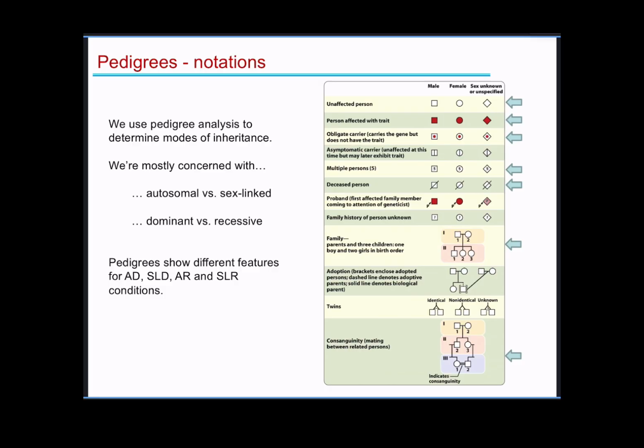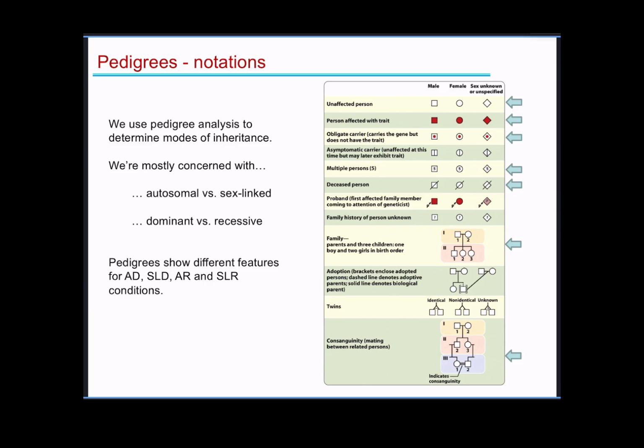Empty shapes mean that that is an unaffected person. Filled shapes, it means that the person is presenting a condition or disease. A shape with a dot inside means that those persons are carriers of recessive alleles for a condition that is recessive. So it's simply saying they're heterozygotes for those alleles.